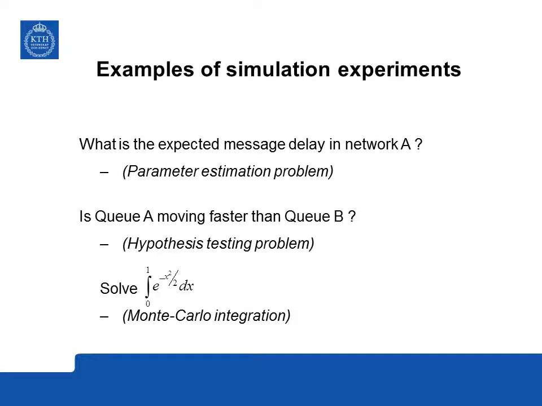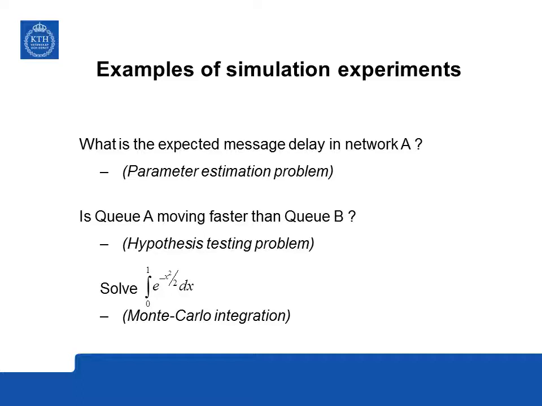Here are some examples of typical simulation experiments, and also examples of what questions we can pose and what type of answers we can expect to get from simulations. What is the expected message delay in network A is a typical question you can answer. That is a parameter estimation problem.